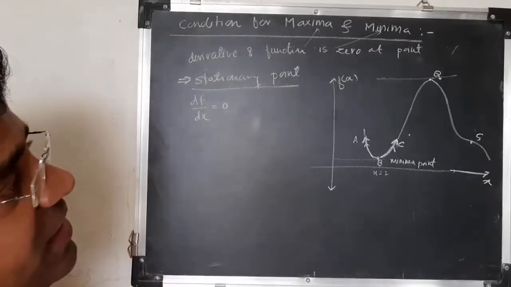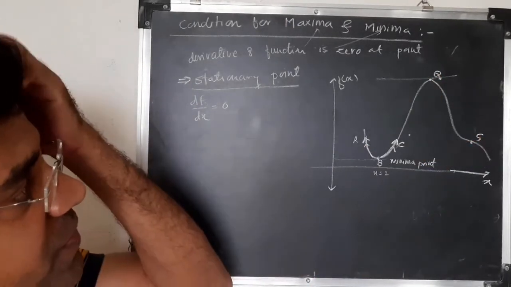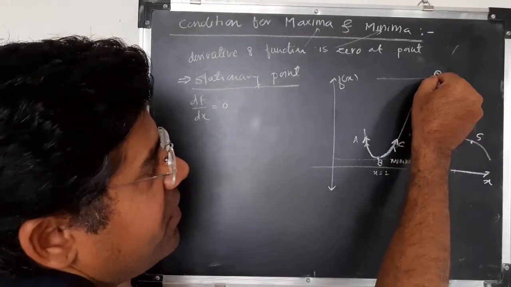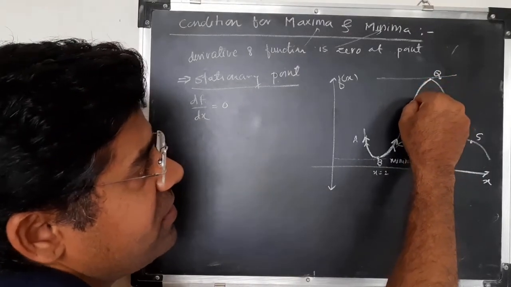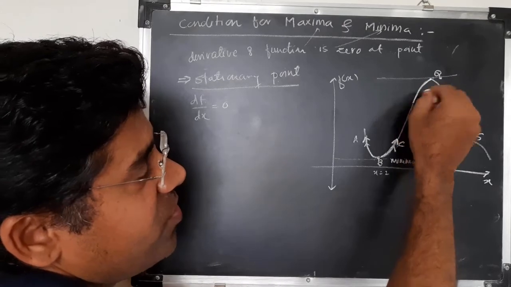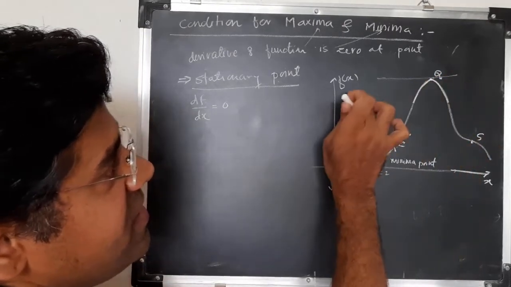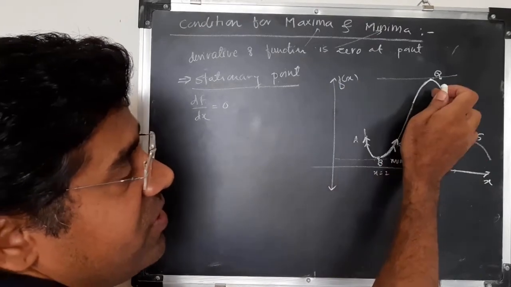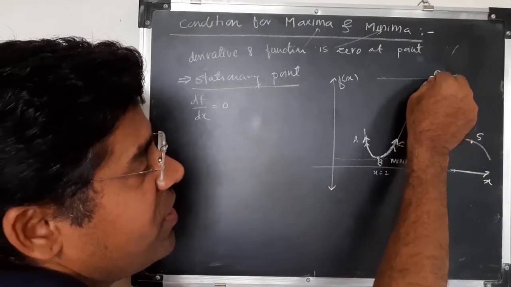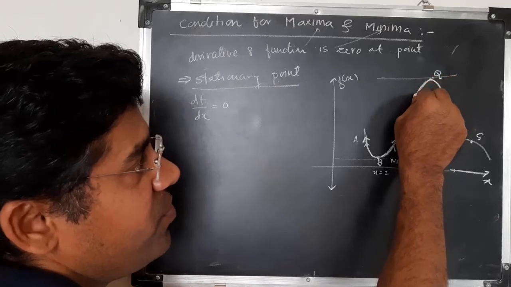Now whereas in the case of point Q, if I go in either direction, the function decreases on both sides.